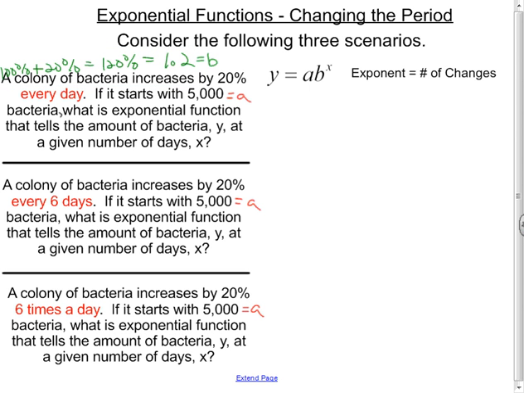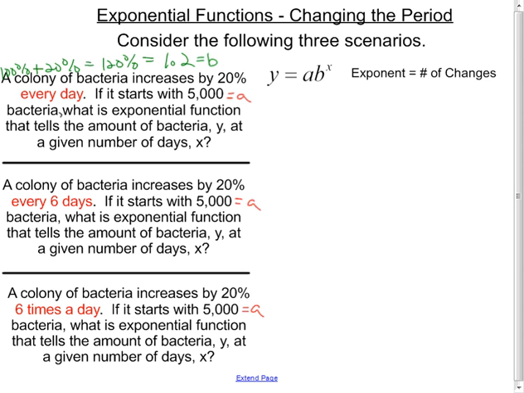Okay? So when I go to write this first function, where y is the number of bacteria and x is the number of days, it won't be too hard because, in fact, you're getting one change per 1 day. So when we talk about the days going by, there's a 1-to-1 ratio between the days and the changes.